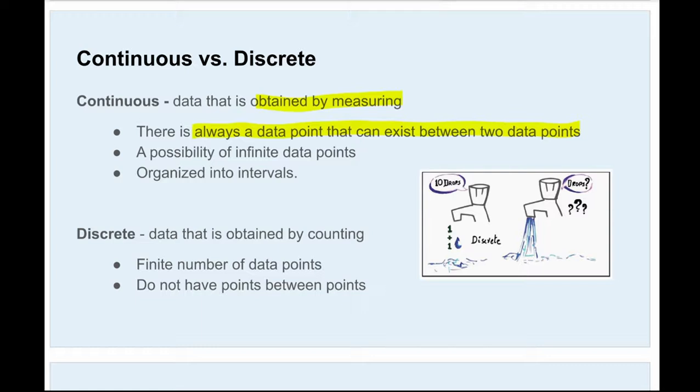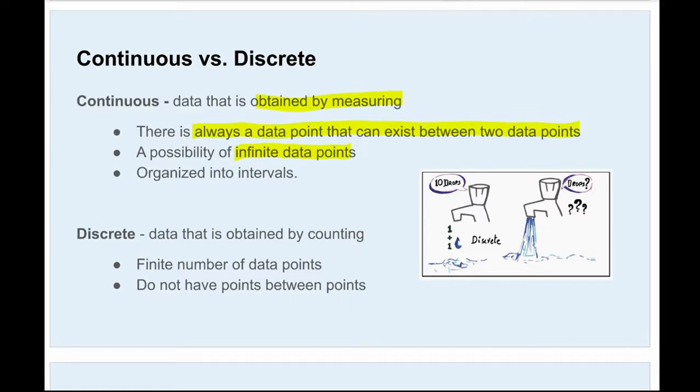For example, if I'm given 2.5 and 2.75 pounds, there's a measurement in between, 2.6 pounds, or 2.55, or 2.500006, something like that. There's always a data point that can exist between two data points that you have. And this gives us the possibility for an infinite number of data points.